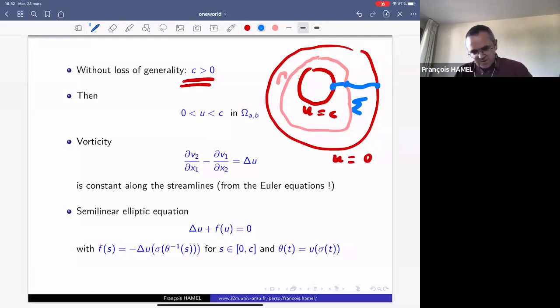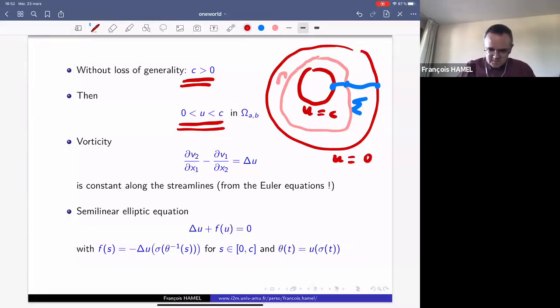So, since any streamline intersects capital sigma, we get that u of x is between 0 and c for any x in the open annulus.